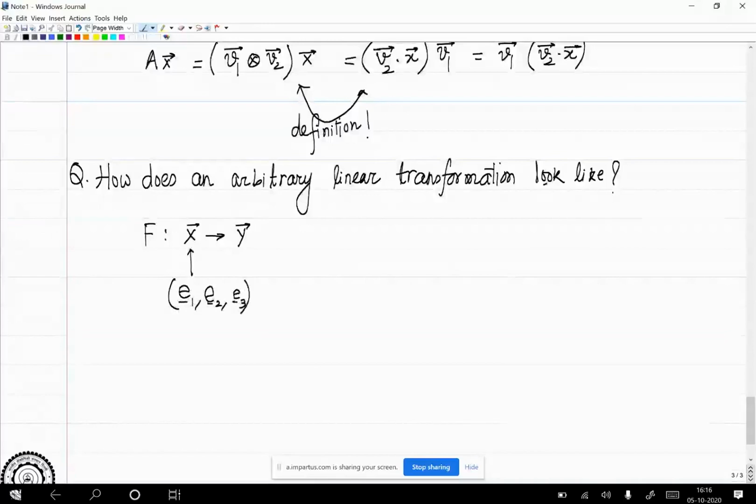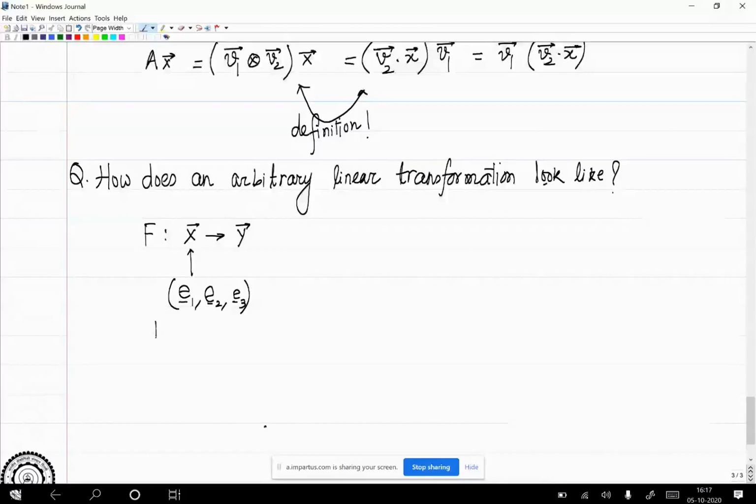Are you with me? Any vector in R3 can be represented as a linear combination of E1, E2, E3, isn't it? Because the dimension of R3 is 3 and E1, E2, E3 act as the basis of this vector space, and any vector you can then represent as a linear combination of E1, E2, E3.